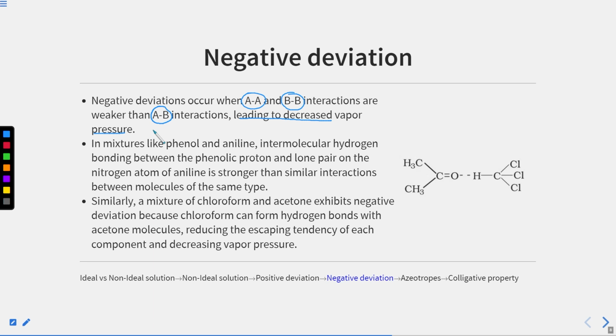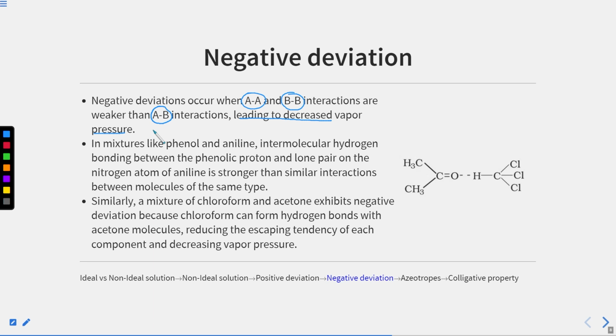Now the AB interaction is more. If you have to convert A or B into vapor, you have to supply more heat so that it can overcome the interaction between A and B and move to the gaseous phase to produce vapor pressure.